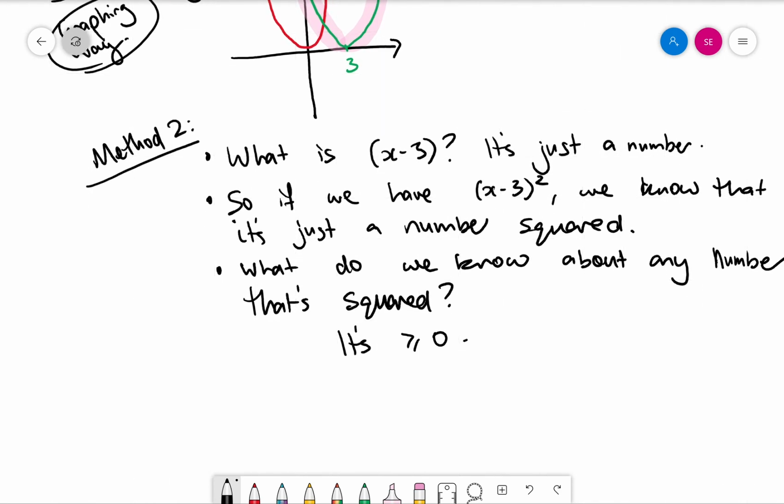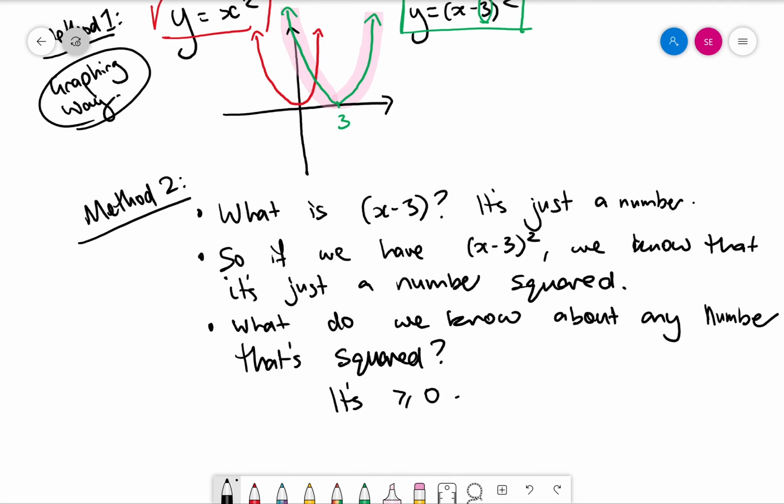So we know that x minus 3 is a number, and x minus 3 squared is just a number squared. So you can consider it like, just consider y is equal to x minus 3. Well, y squared, which is x minus 3 squared, no matter what number it is, it's always going to be greater than or equal to 0.